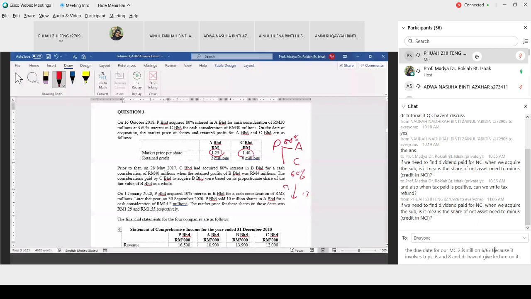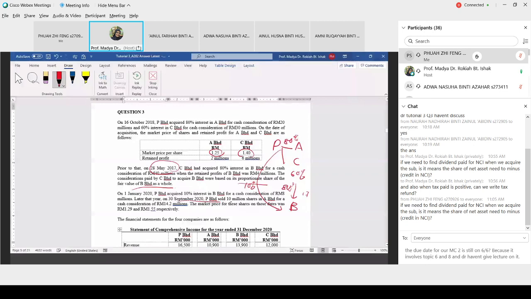Then on 1st January 2020, P acquired 10% interest in B for 8 million. Later in the year, on 30th of September, P disposed 10 million shares in A for a cash consideration of 14.2 million. The market prices on that day were RM1.29 and RM1.55 respectively.